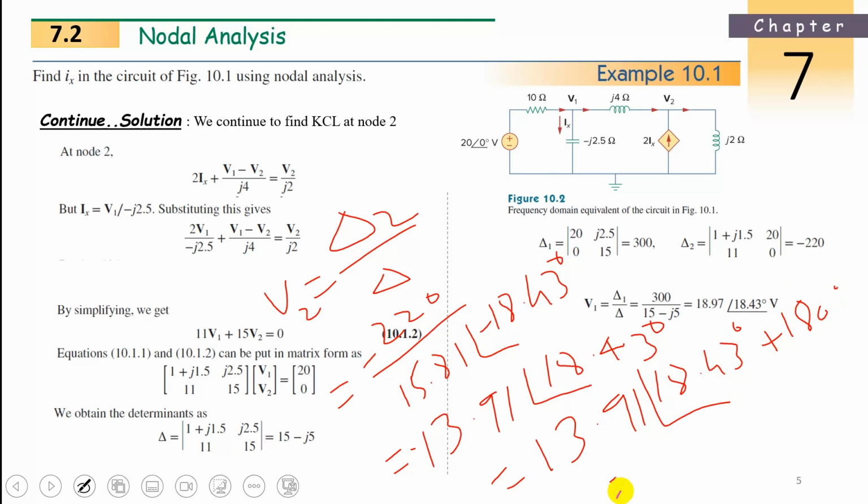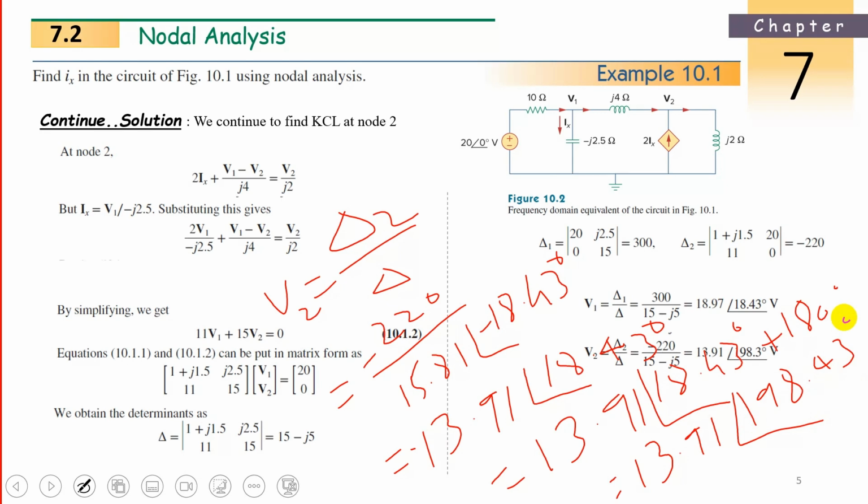So 180 plus 18.43 is 198.43 degrees. So 13.91 at 198.43 degrees.